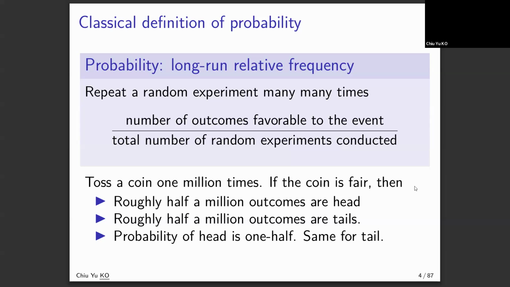By construction, this fraction is a number between 0 and 1. 0 is never happen, 1 is always happen, and half is equally likely. It's a nice number there.